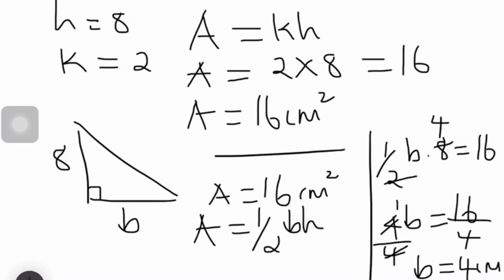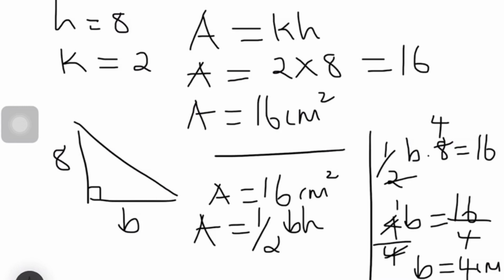So you've solved it. The first part, using the concept of direct proportionality, whenever it's varying directly, and we have a is equal to kh, then you substitute, find the value of k, and then come again when your h is 8, then find the value of a, your area.